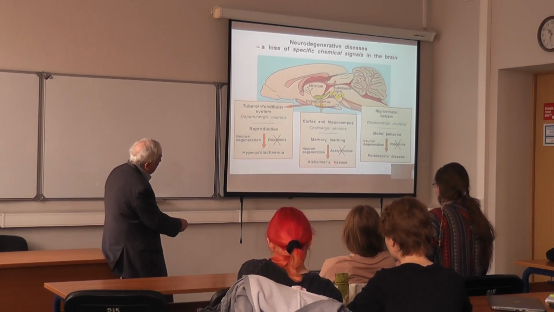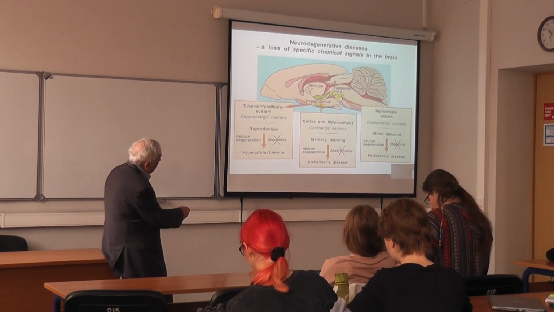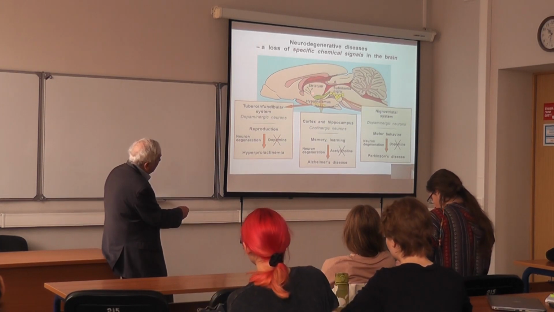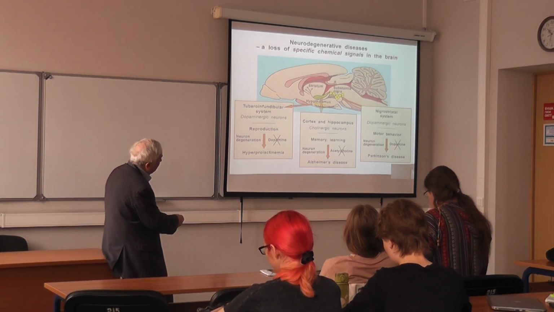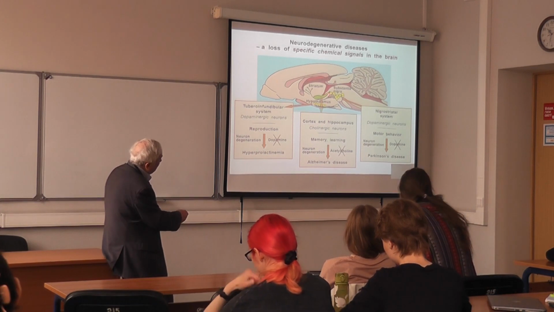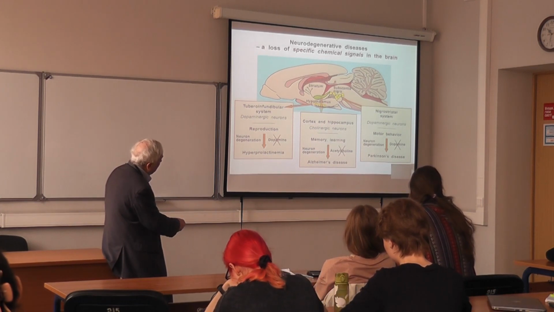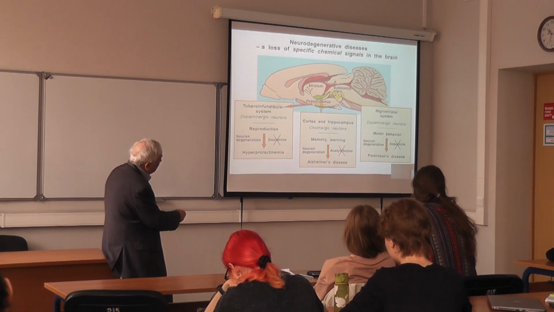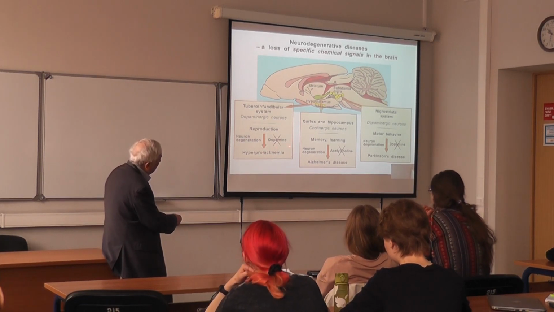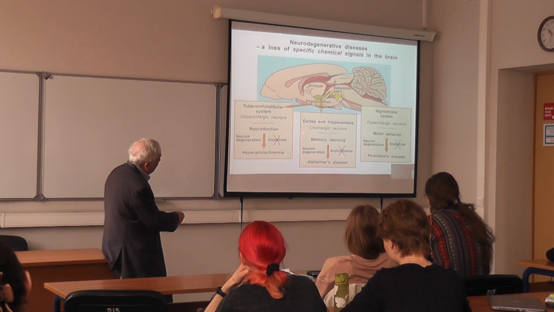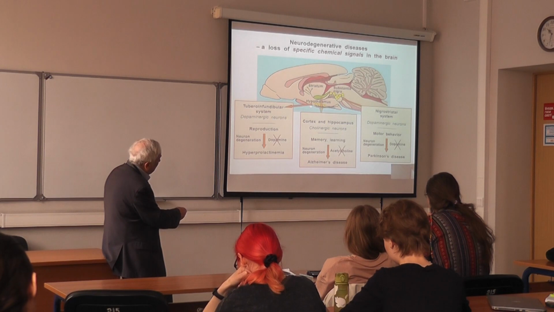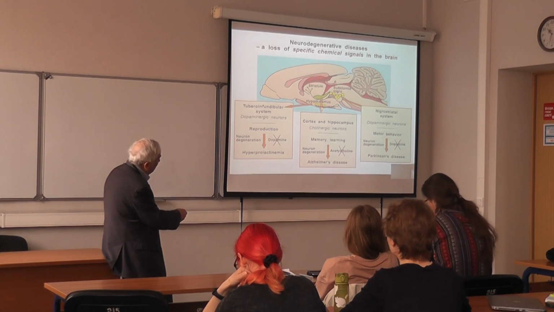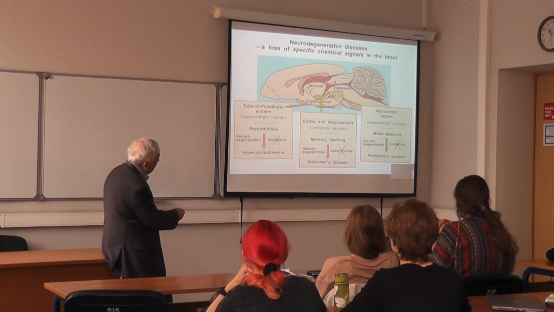For Alzheimer's disease, these are neurons in the hippocampus and in the cortex. Okay, and there is another disease which is provoked by the loss of dopaminergic neurons. This is hyperprolactinemia, a loss of hypothalamic dopaminergic neurons.